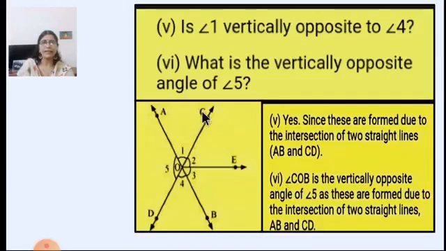So we can write angle COB also. Angle COB is vertically opposite to angle 5, or you can write angle 2 plus angle 3. Angle 2 plus angle 3 is vertically opposite to angle 5, as these are formed due to intersection of two straight lines, that is AB and CD.